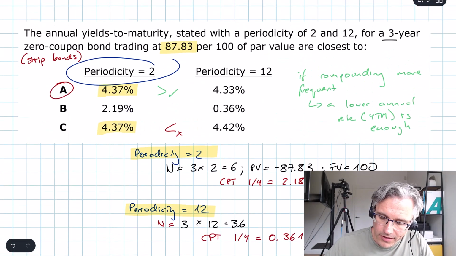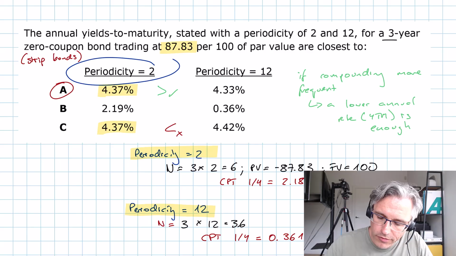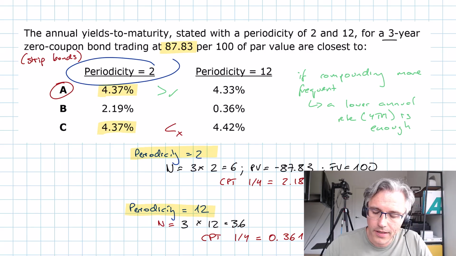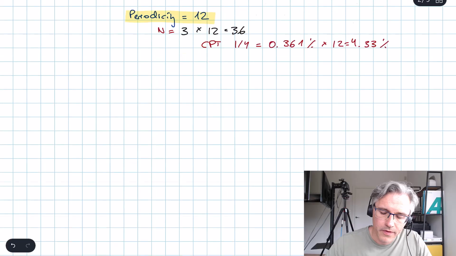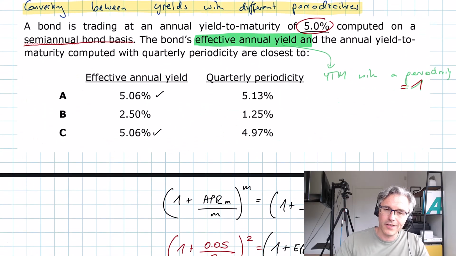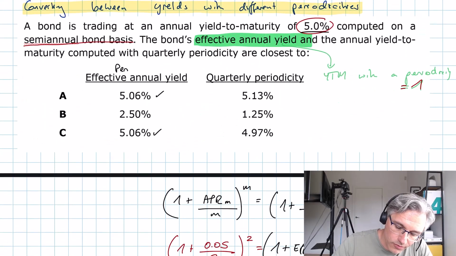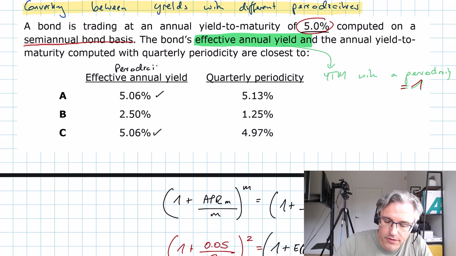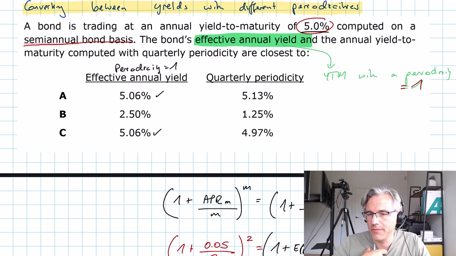This is going back to what I wrote here. If compounding more frequently, then you need a lower YTM. But if you're compounding less frequently, like here, just once, periodicity equals 1, it has to be higher than 5. So it had to be either A or C.